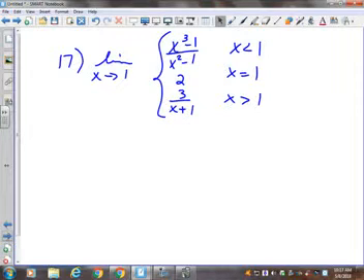If it's not, then I hope at least these two pieces meet. Because if these two pieces don't meet, then I don't have a limit either. So the key here is a piecewise function. If you wanted to decide if this function has an answer at 1, then you've got two things to think about.